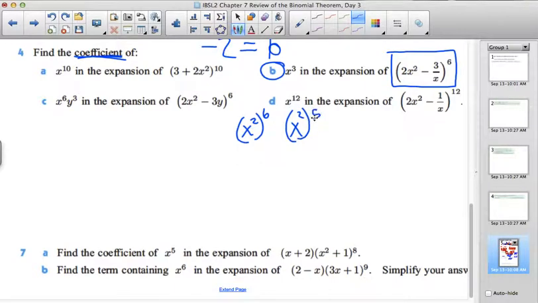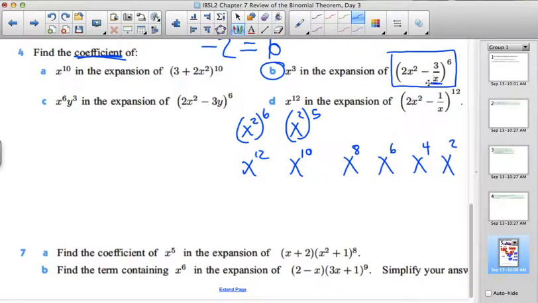If you notice what's happening, we have x to the 12th, then x to the 10th, and it's going to continue going down by 2 as we go to the 4th, 3rd, 2nd, 1st power. So x to the 8th, x to the 6th, x to the 4th, x squared. Our last term will not have any of those x's from A.